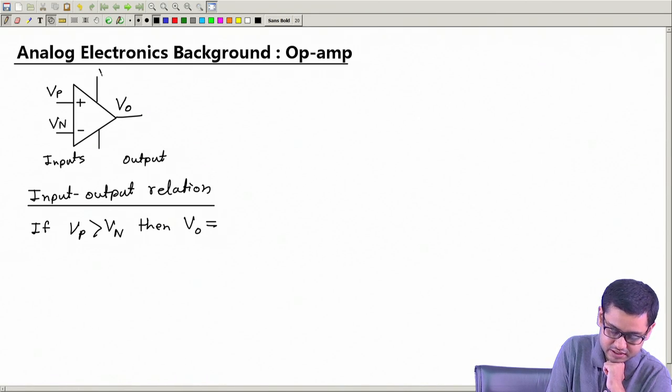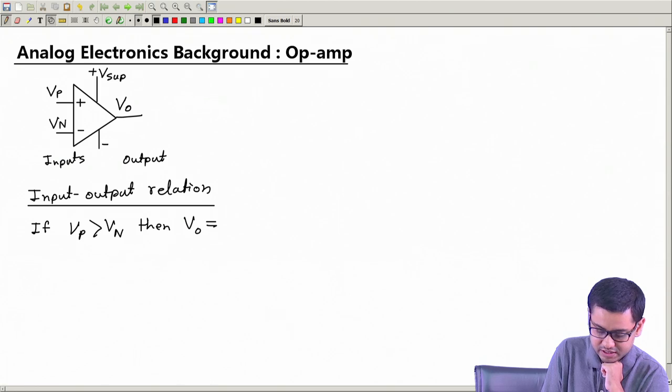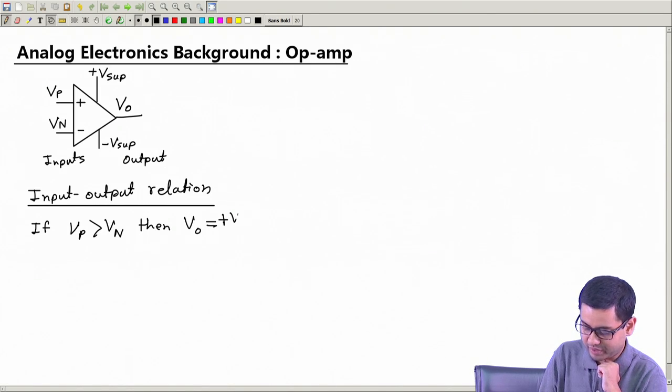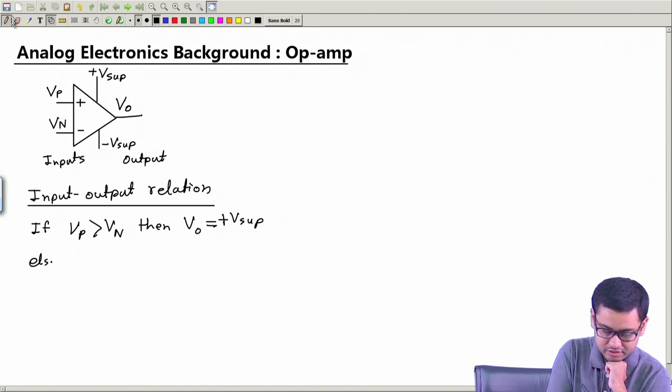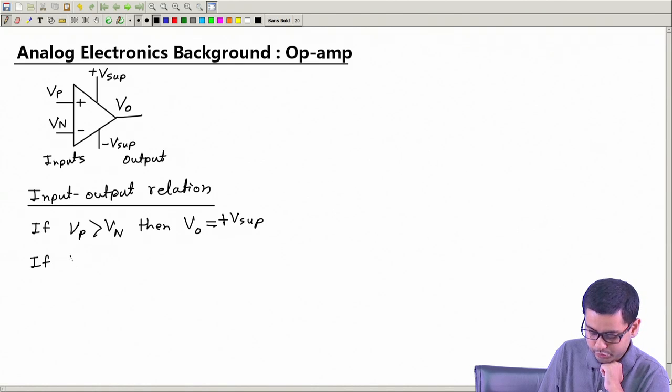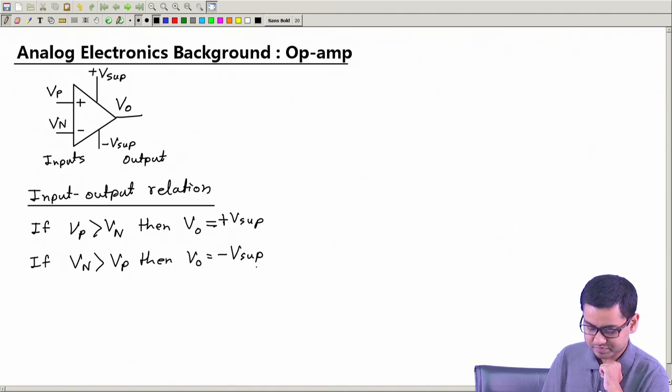Call this plus V supply and this minus V supply. If Vp is greater than Vn, then the output will be equal to plus V supply. And if Vn is greater than Vp, then Vo will be equal to minus V supply.